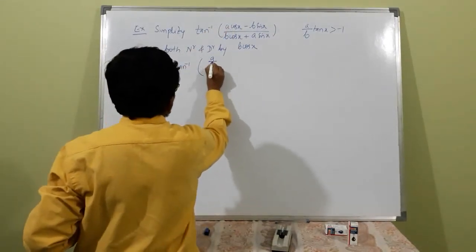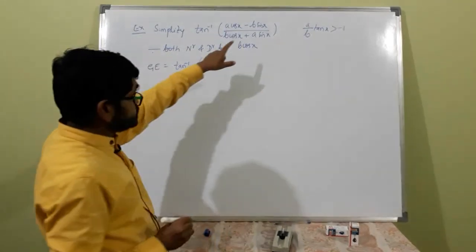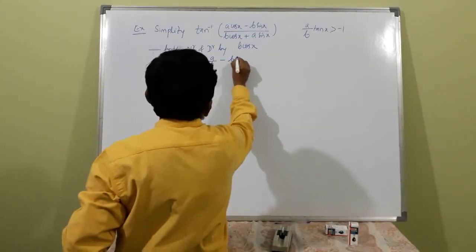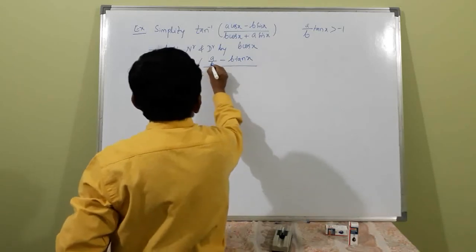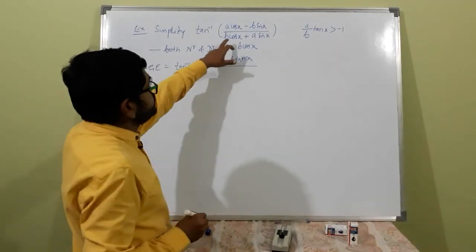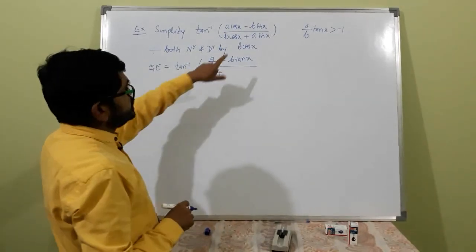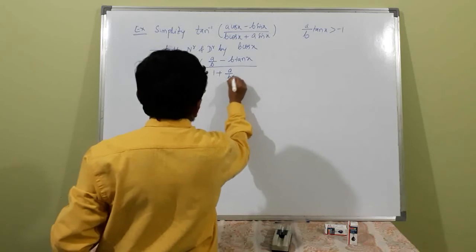What remains is a by b, cos x gets cancelled, and b sin x by b cos x is equal to tan x, divided by b cos x by b cos x is 1, plus a sin x by b cos x, that is a by b tan x.